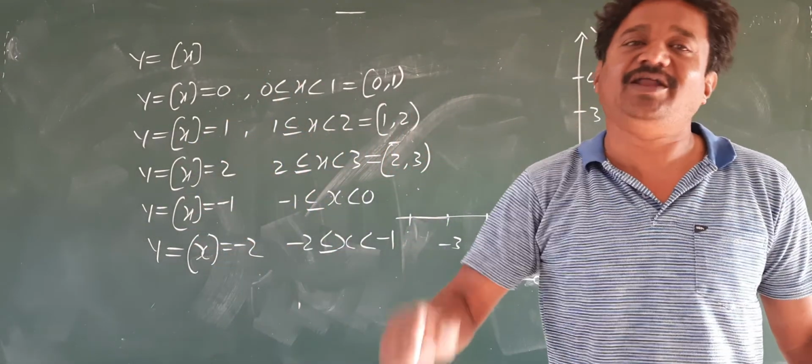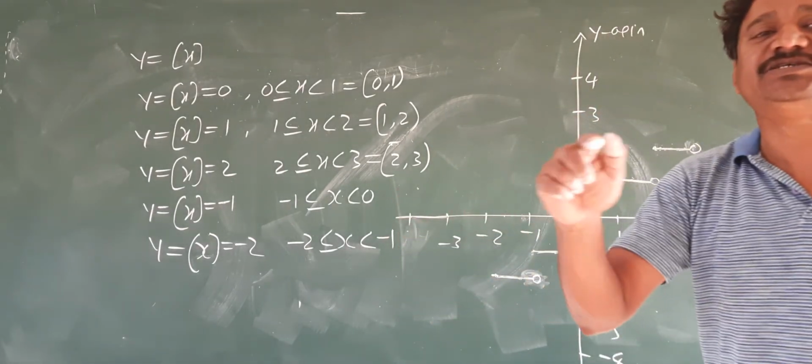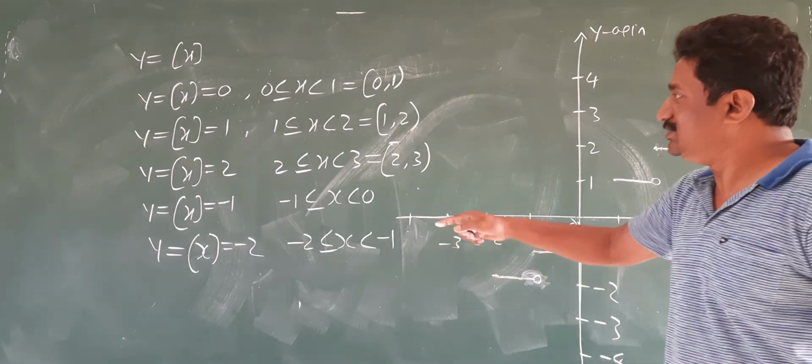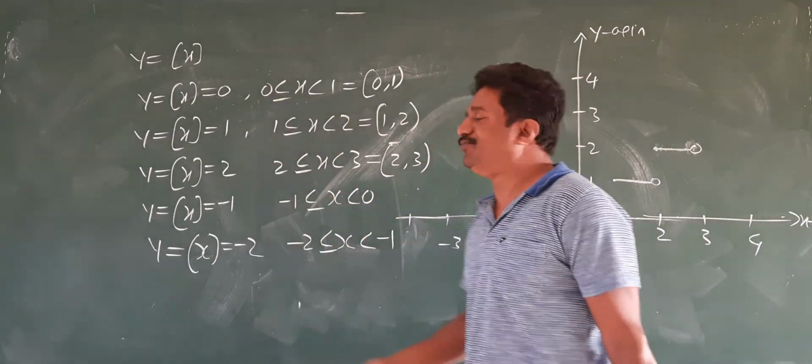All real numbers are related; all numbers on the x axis are related. So the domain is the set of reals. The range is the y values, the set of integers.